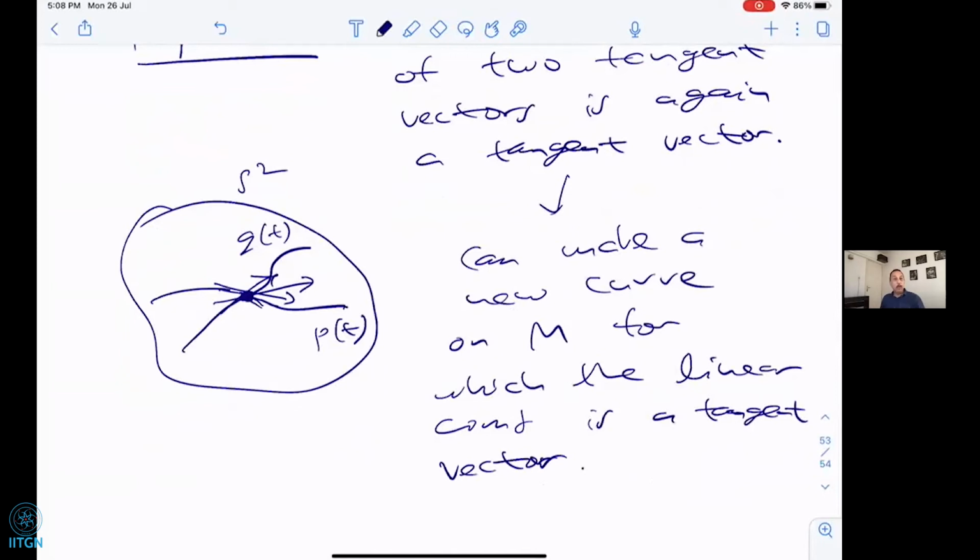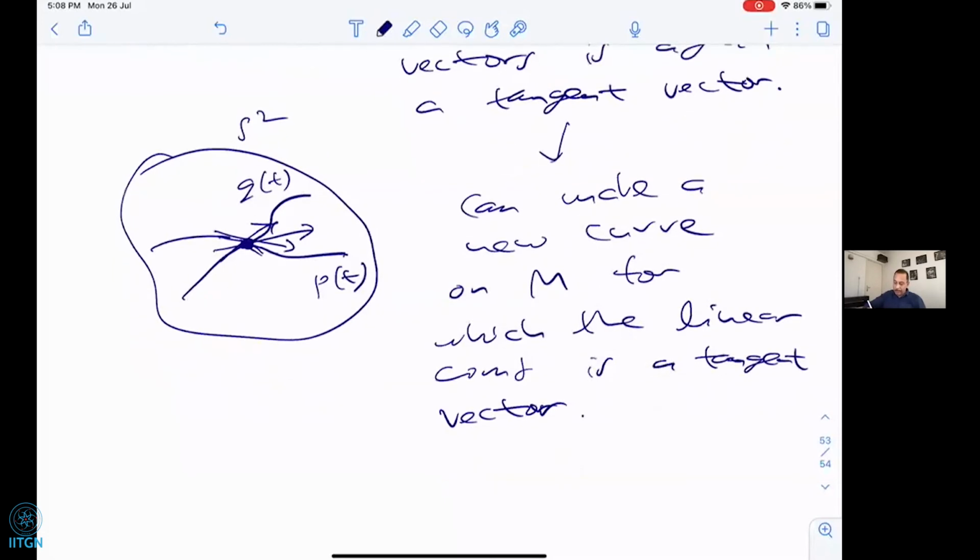We can consider all possible curves in the manifold, okay? And if we have some of them, we can take the tangents to those, take linear combinations, and then generate new curves accordingly. And from this, we can conclude that a linear combination of two tangent vectors is again a tangent vector. So the tangent space is a vector space.